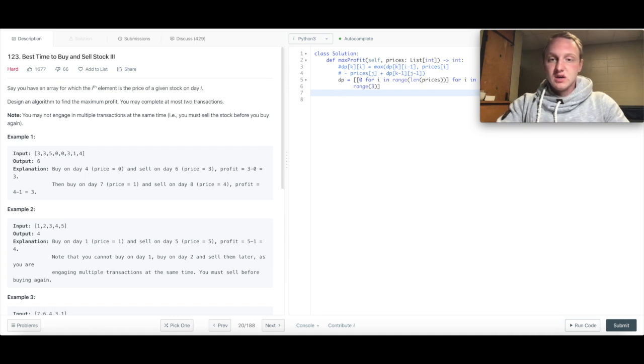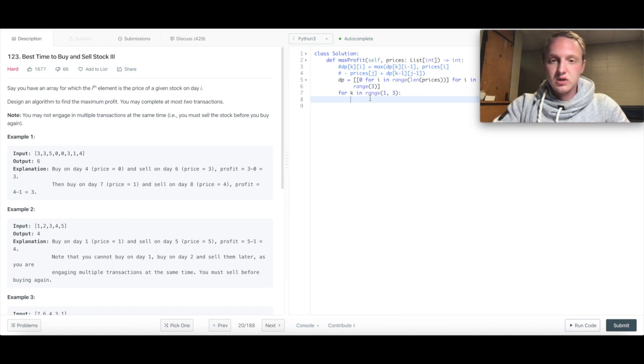Our next step would be to iterate over all of the transactions, which is going to be for k in range. We skip the transaction 0 just because we're not going to update anything there, and to 3.